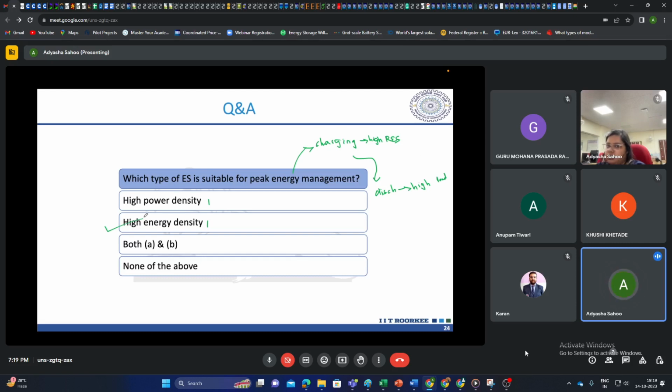High energy density is the correct answer. High power density is for transient, for frequency response, because they can inject or absorb very quickly. So these are suitable for transient applications.